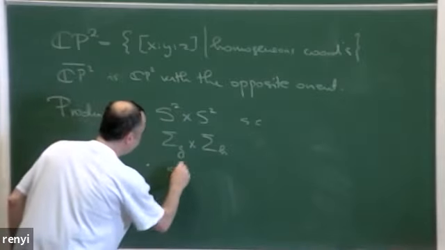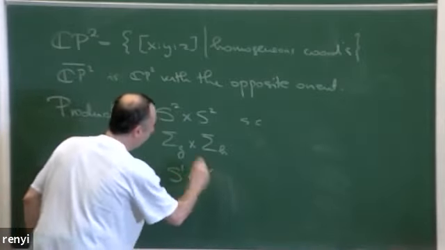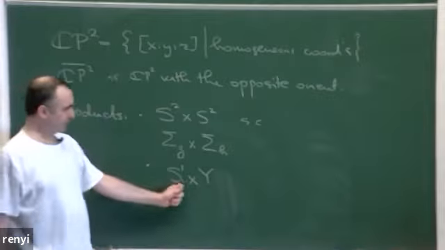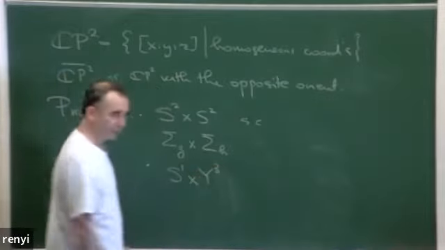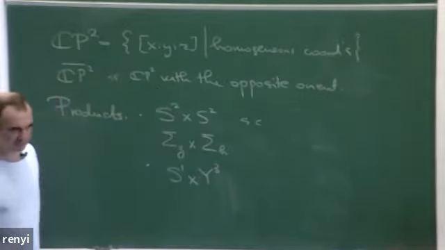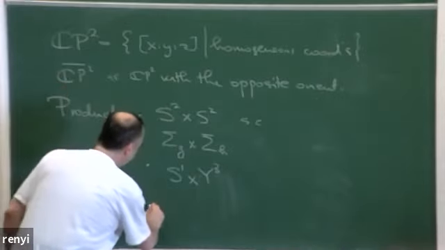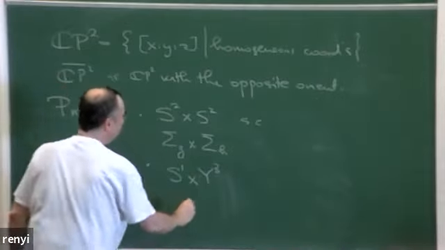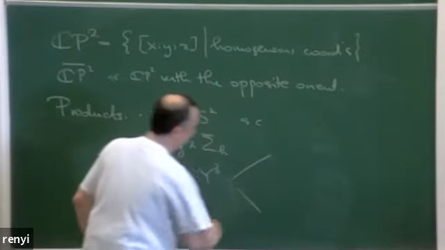We can take S1 cross Y, so a one-dimensional manifold cross a three-dimensional one. This will never be simply connected. And indeed, this has two variations.